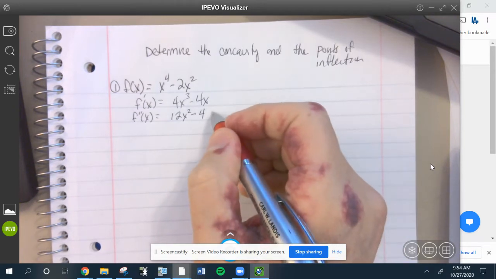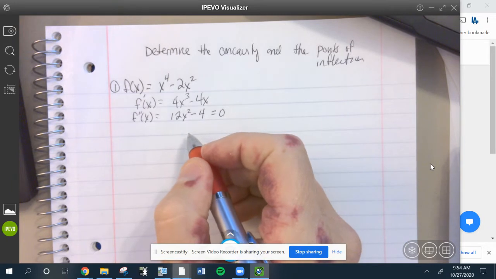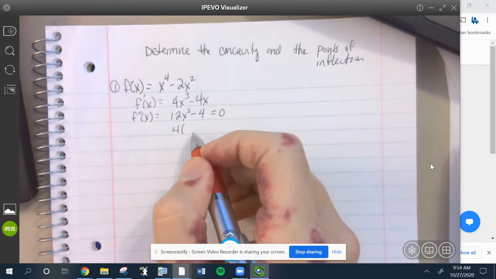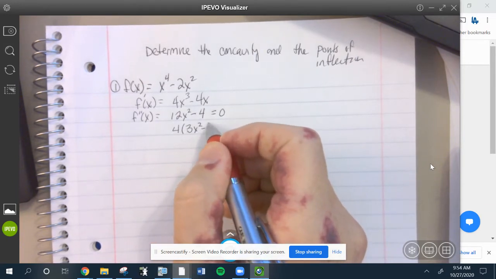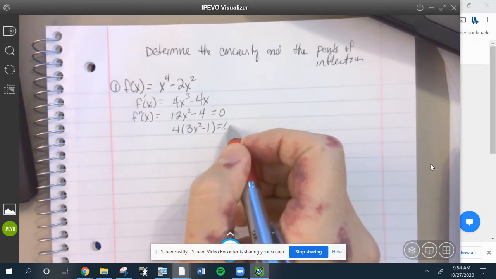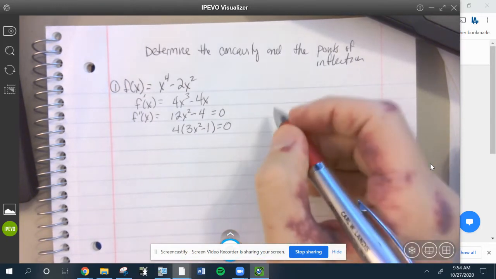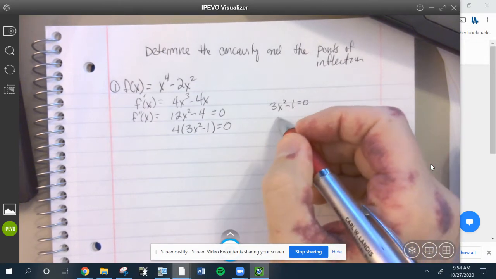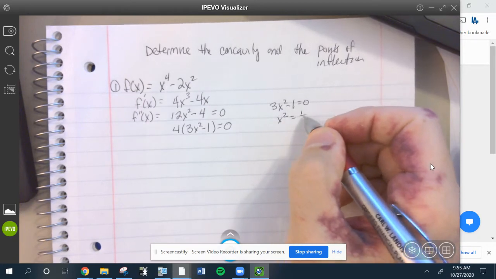So we're going to factor out a 4. So now we have where 3x squared minus 1 equals 0. So 3x squared minus 1 equals 0. Add 1, divide by 3.